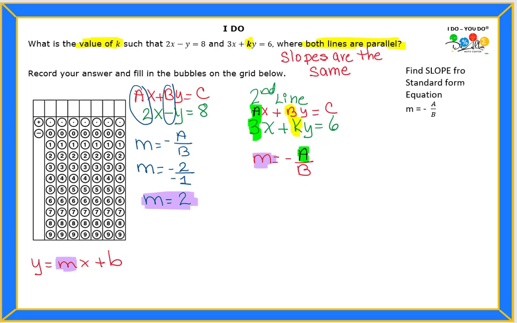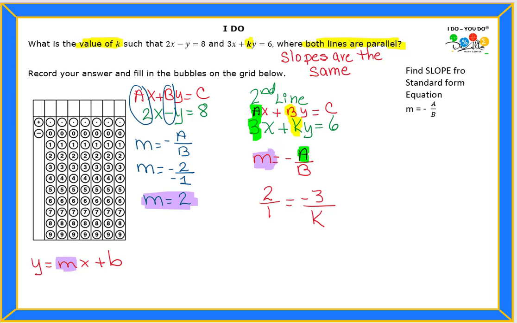You guys follow what I'm trying to do? So we're going to replace some values here. Let's start with m. m is 2, or I can say 2 over 1, it's the same thing, equals negative a, which is 3, over b. I do not know b, but I'm going to write down the k, because at the end of the day, that's what I'm looking for.